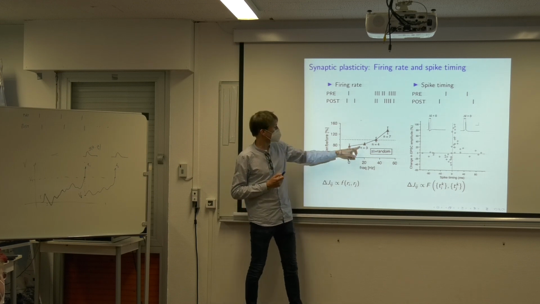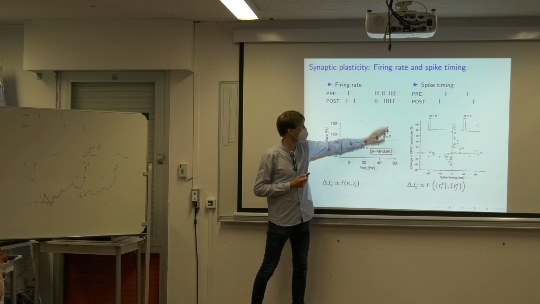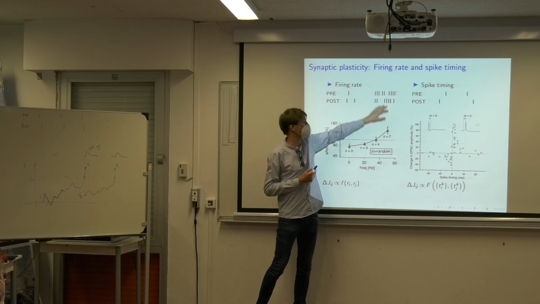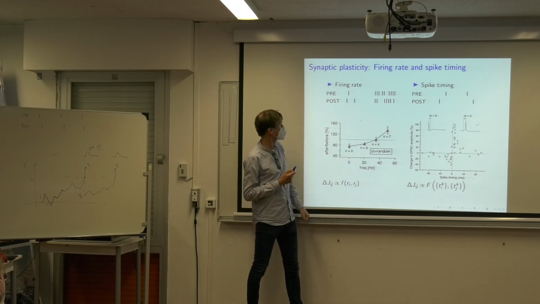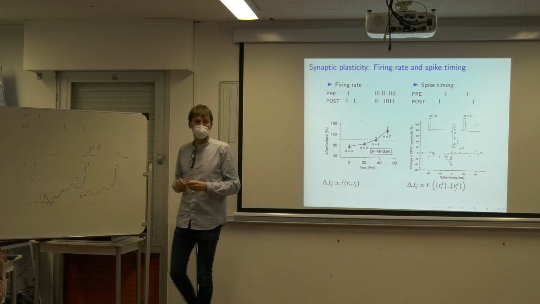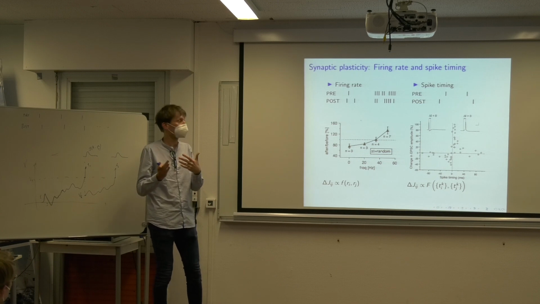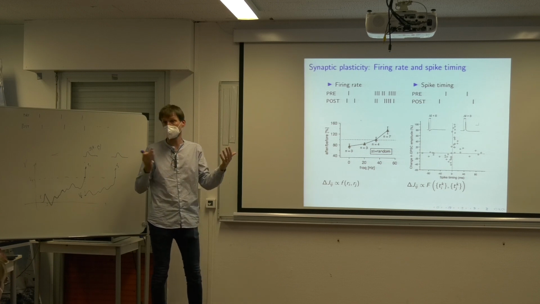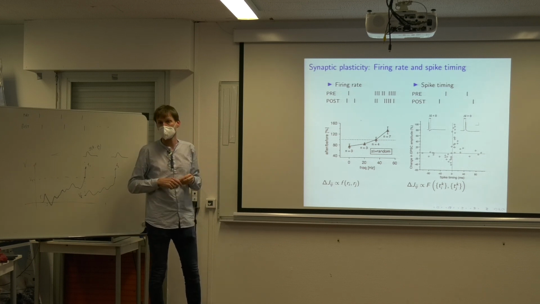And what you see is that when both neurons are firing a lot, at high firing rates, then you have potentiation. When they're firing at lower rates, then you see depression. So, in other words, the change in synaptic strength depends on the spike trains of pre and post-synaptic neurons in a complicated way that depends both on firing rate and spike time.